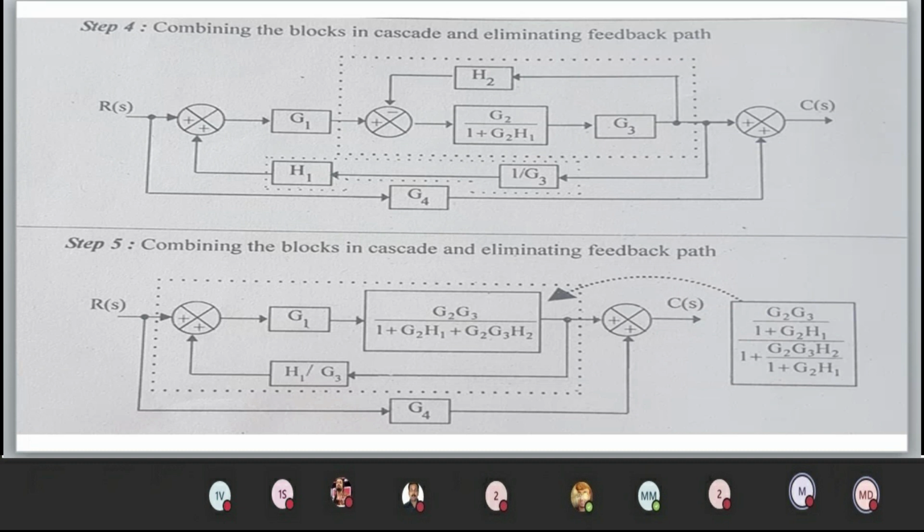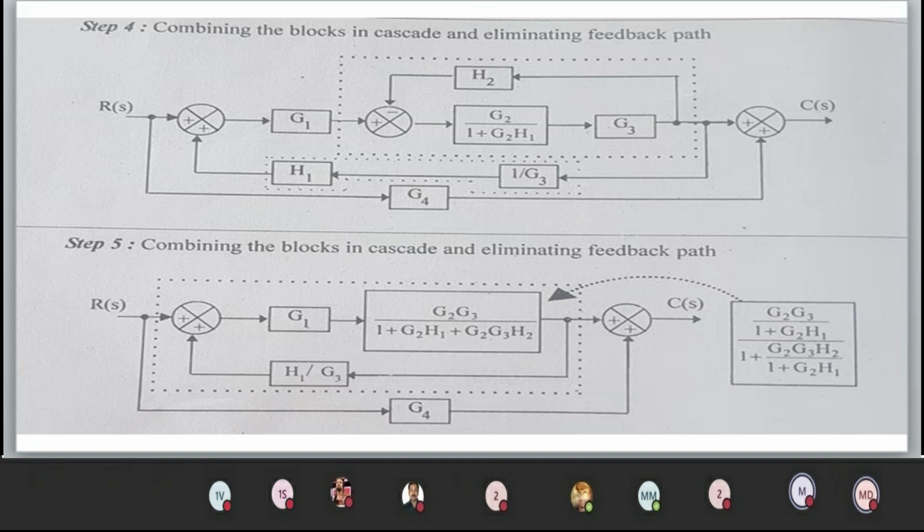Now it becomes further simplified. Here the blocks are not reduced, but the steps are simplified so that you can understand much better. So G2 by 1 plus G2 H1 is connected in cascade with G3. Both are connected in cascade, so multiply. So G2 G3 divided by 1 plus G2 H1.